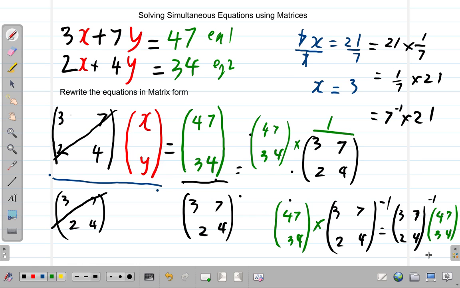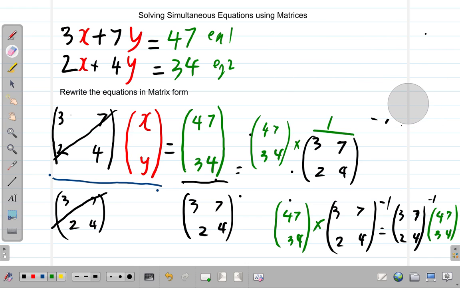If we find the inverse of 3, 7, 2, 4 and multiply the 47, 34 matrix, then we could have some hope of solving and finding x and y using matrices. So let's just use that method and see if we can solve it.